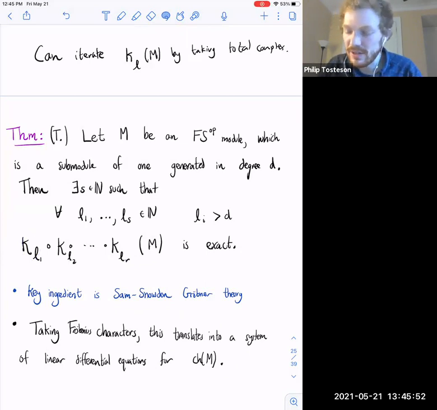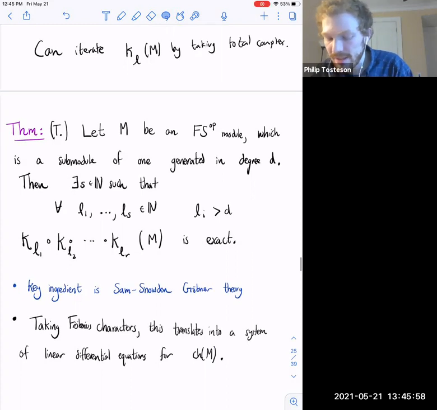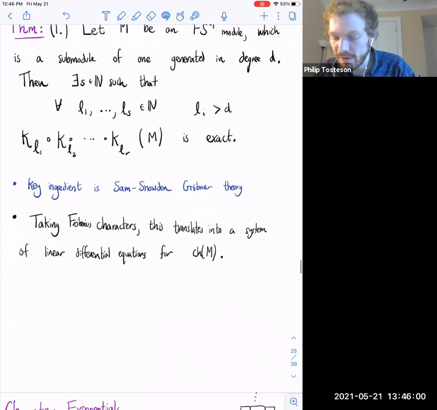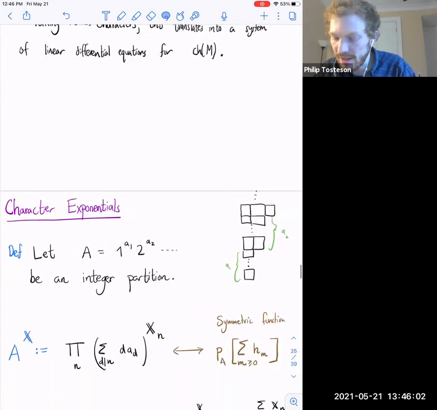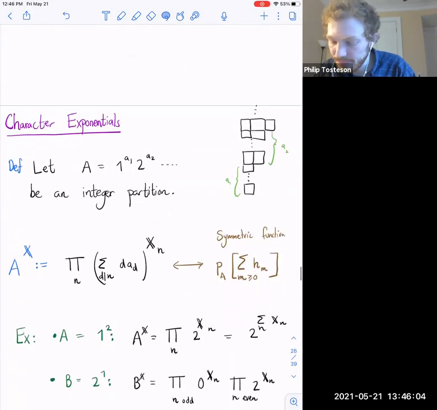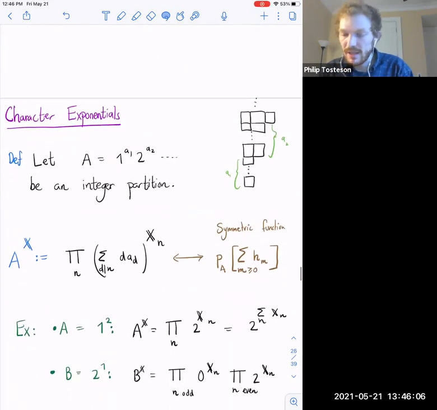The fact that this is exact means that that set of differential operators annihilates the character of M. And then you can try and solve the system of linear differential equations, and that'll tell you something about the characters.